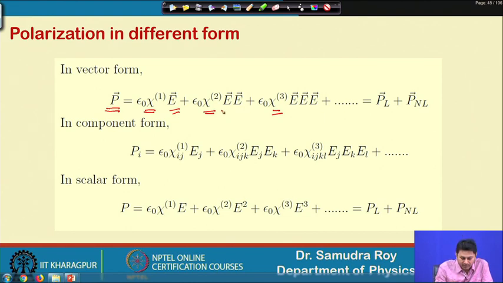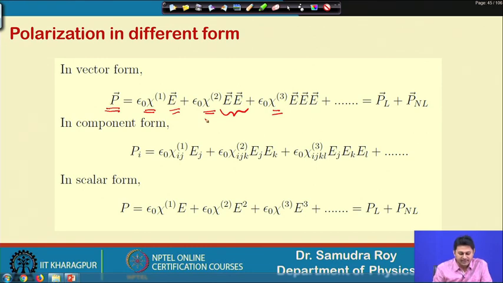You can see that one term is written as E E. This is nothing like a multiplication of two vectors; rather this is a tensor kind of notation. This product is not a dot or cross product. I just write E E to ensure that the entire thing becomes a vector, but this product may be related to some tensor property because these quantities are tensors.